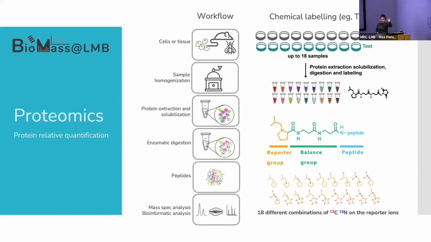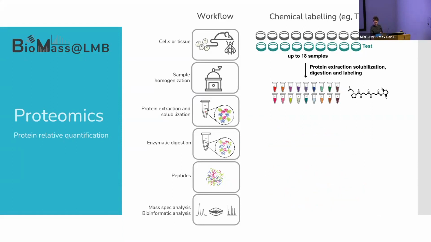The reporter ions carry different heavy isotopes, which means that you actually have a flavor of 18 different labels. So you can label 18 different samples, and you can do plexes of these 18 to combine all of your samples. In the future, I think some things will change with this method to get higher plexing abilities. So you multiplex your samples.